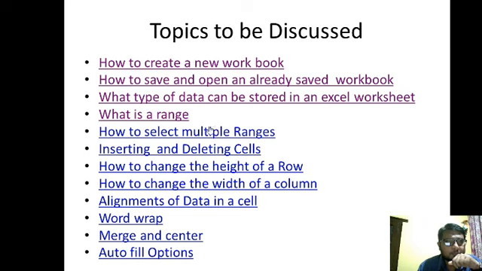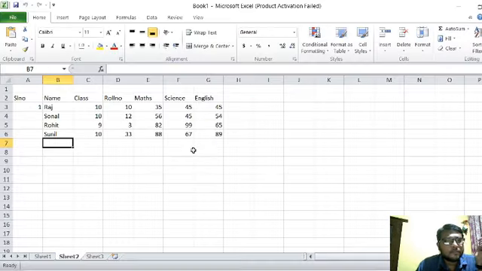Then comes, yeah, this is done, inserting and deleting cells. Okay, I'll show you this one also. See, this is very simple. Suppose someone tells me, Bhaskar, insert another column between maths and science. Name the column as computer science.